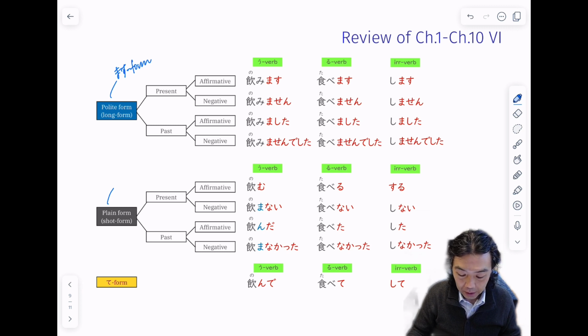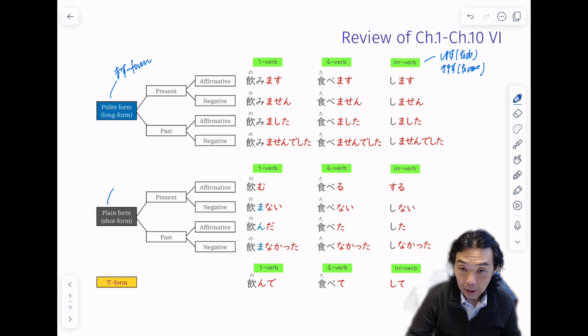And three different types of verbs are u verb, ru verb, and irregular verbs. The easiest way to find out the verbs is actually to go backwards, since there are only two kinds of irregular verbs, which are shimasu, to do, and kimasu, to come.